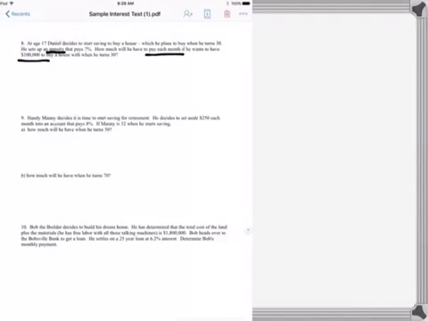We have two annuity formulas. We have annuity formula A equals principal times that double quantity, 1 plus R over N to the NT minus 1, all divided by R over N. That tells us the amount that our annuity will grow to.